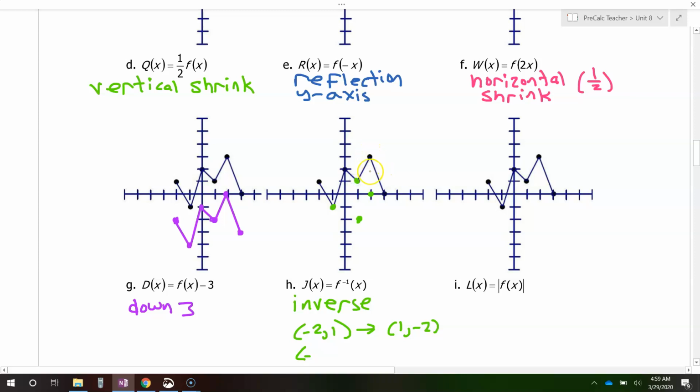This is the point 2, 3. So this should become 3, 2. And this is the point 3, 0. So it should become the point 0, 3.